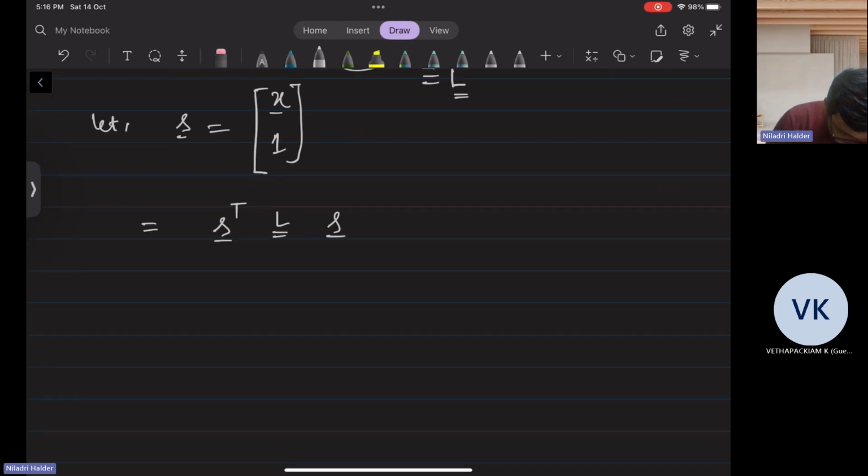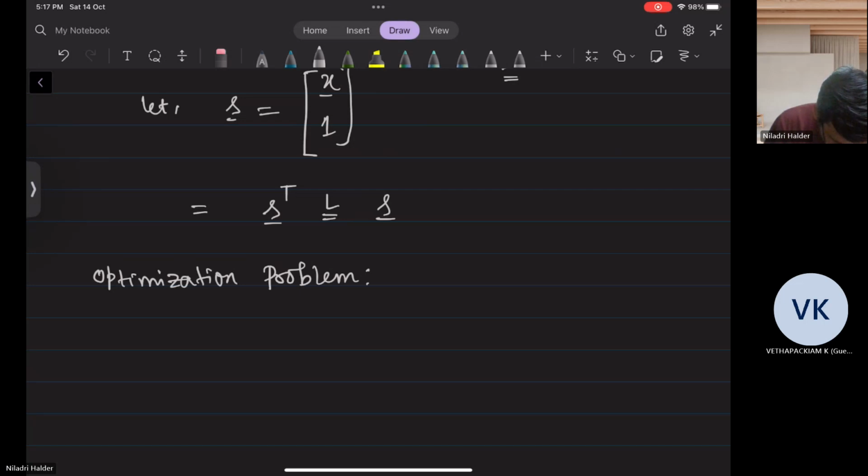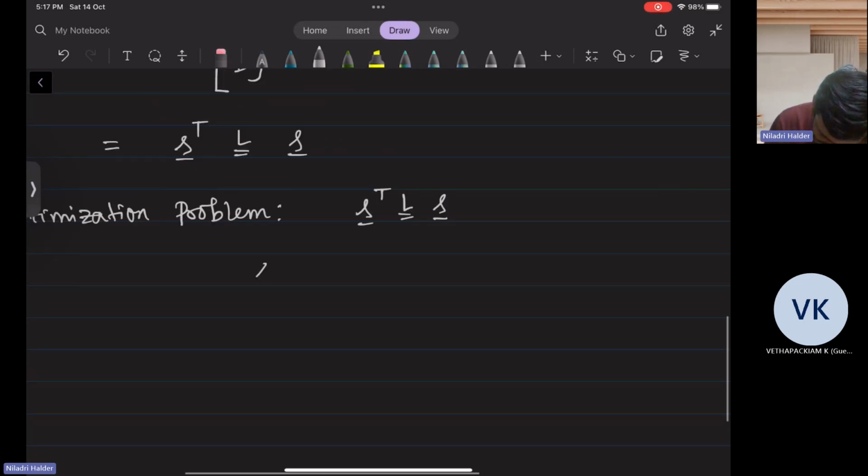Okay. So the optimization problem now is like that: minimize s transpose L s subject to every entry in s, that is si, belonging to, suppose it's a QAM constellation. So let us take a QAM constellation.